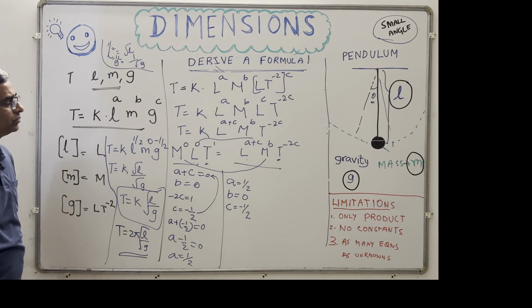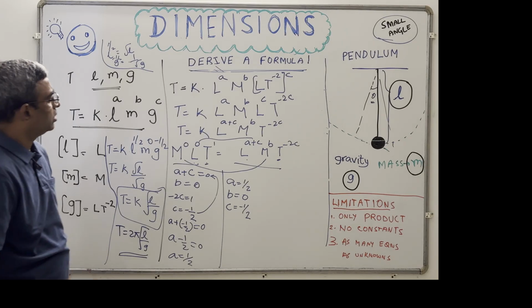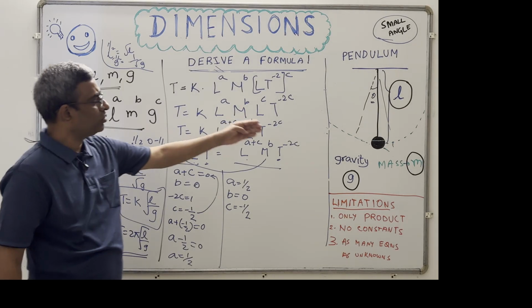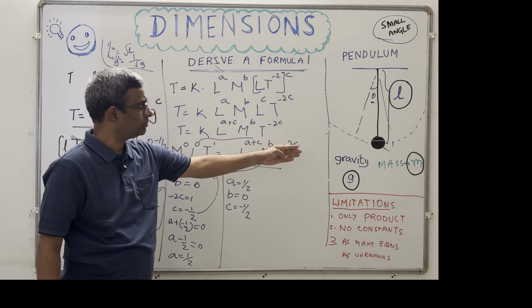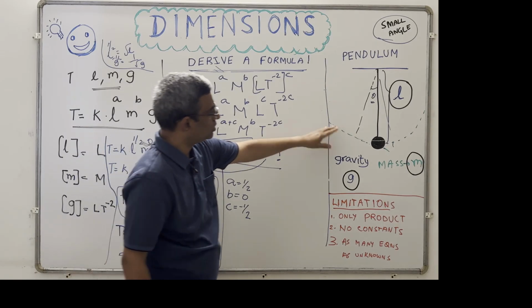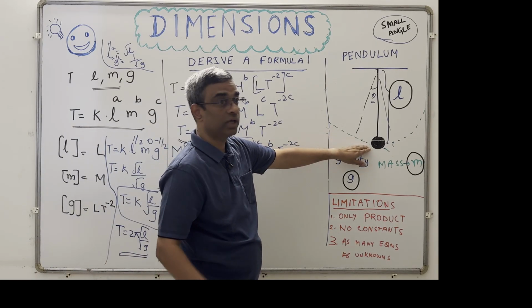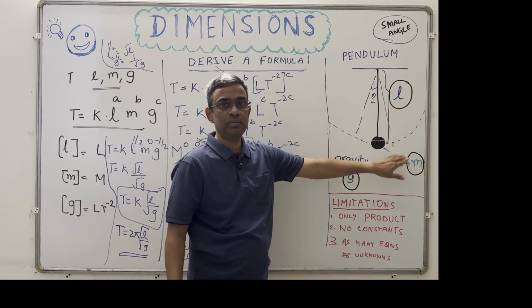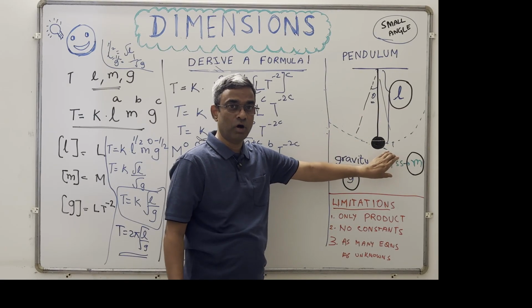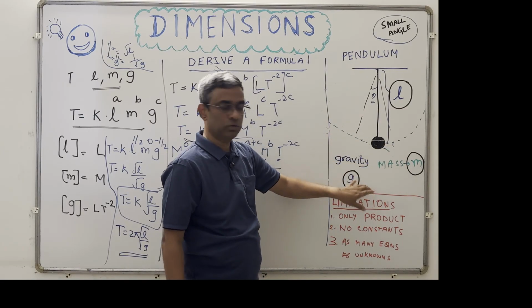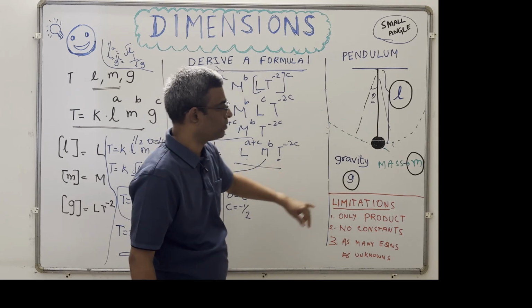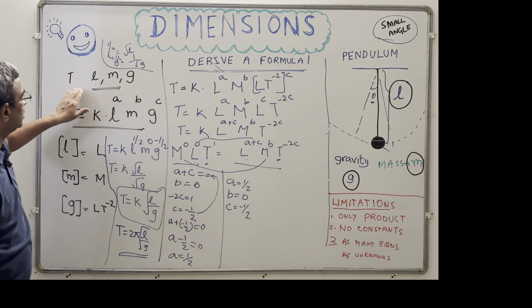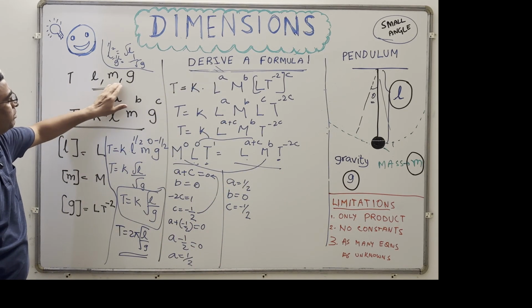So what did we do? We wanted to find out the time period of a pendulum, and we intuitively guessed that the time period is dependent upon the length of the pendulum, mass of the bob, and also the gravity of earth. So we said T is dependent on L, m, g.